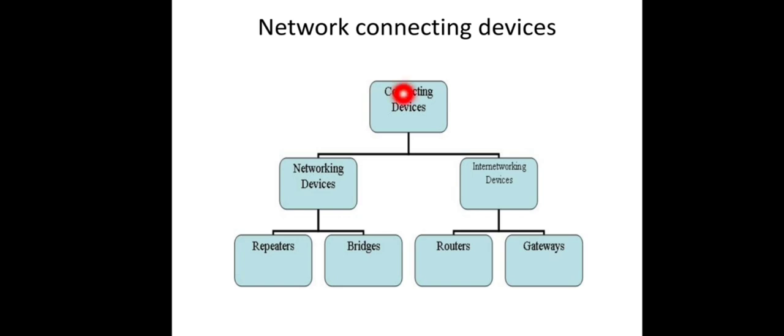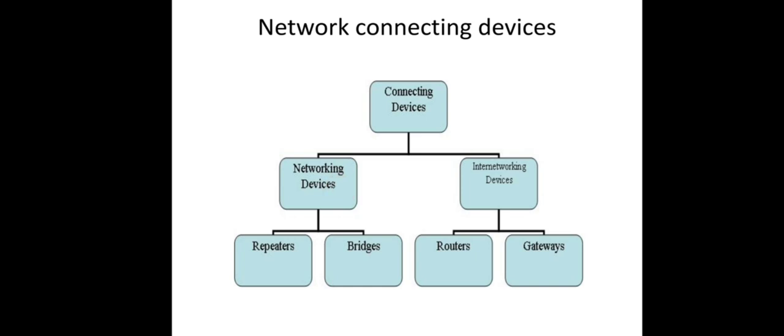Then interconnecting devices. Depending on the use of these connecting devices, we can classify them as either networking devices or internetworking devices. If we are using those devices to connect different nodes within a network, we can say that those are networking devices.